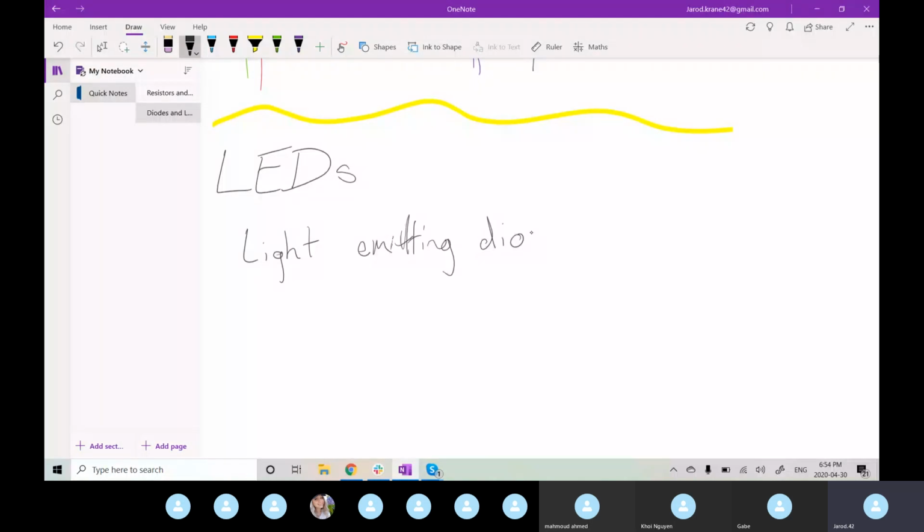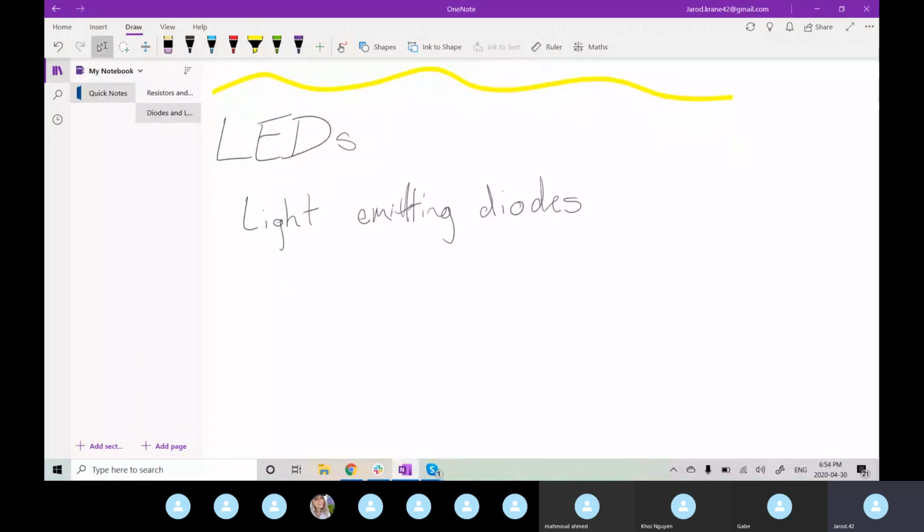So they have the same characteristic. They have nearly the same symbol. Still a diode, but a couple arrows coming off. So they have similar characteristics.